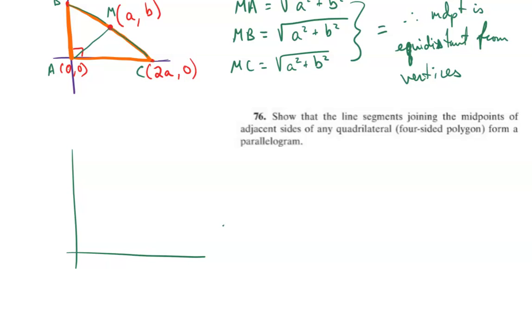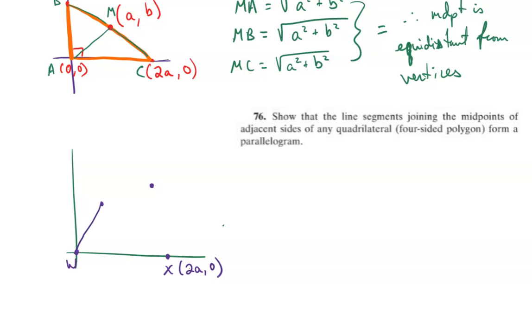Okay, so I'll make a quadrilateral here, and I am going to put one vertex at the origin, and I'm going to put another vertex on the x-axis. I am doing 2A because I'm finding midpoints and cutting things in half. Okay, and then I do another point there.